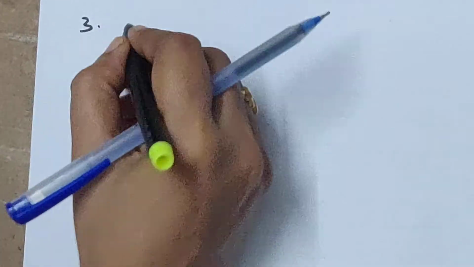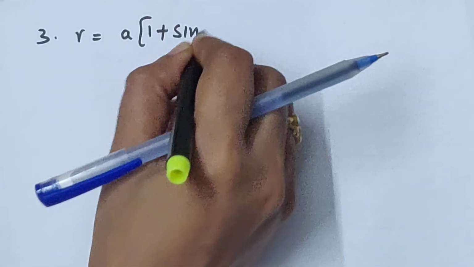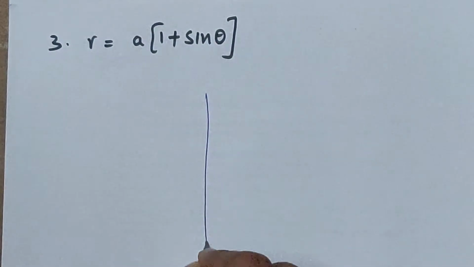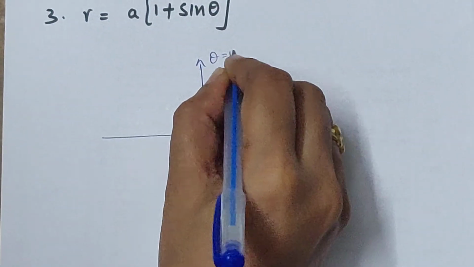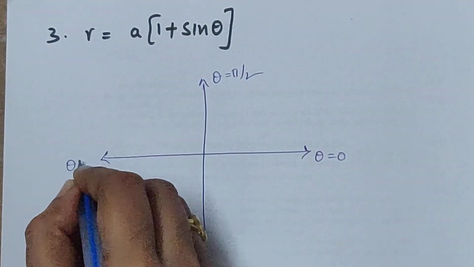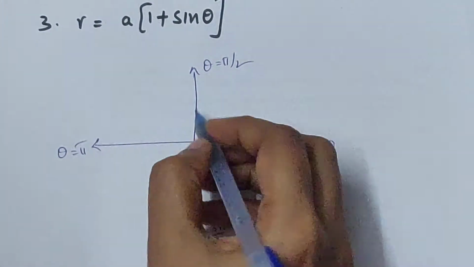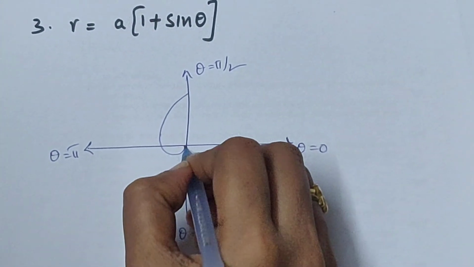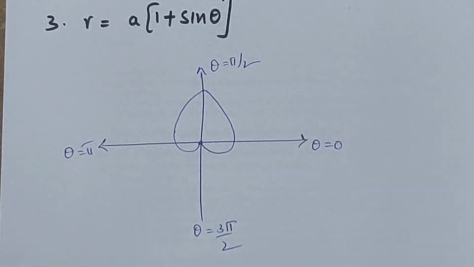And the third cardioid is r equal to a into (1 plus sin theta). Its rough sketch is: theta 0, theta pi by 2, theta equal to pi, theta equal to 3 pi by 2. r equal to a into (1 plus sin theta) is towards the positive y-axis.